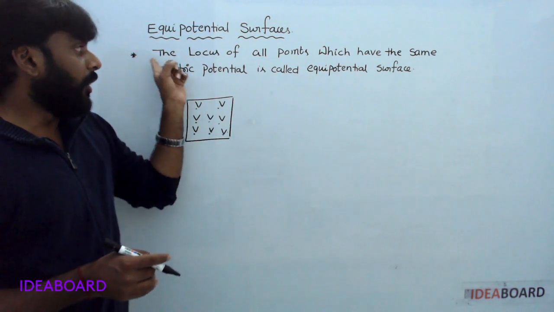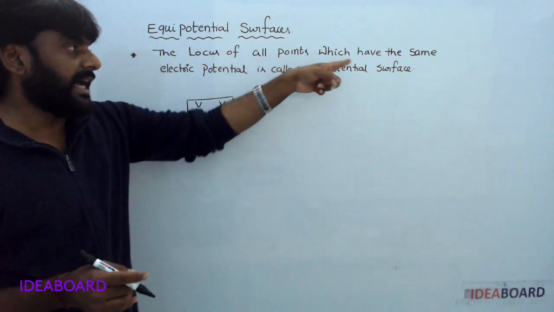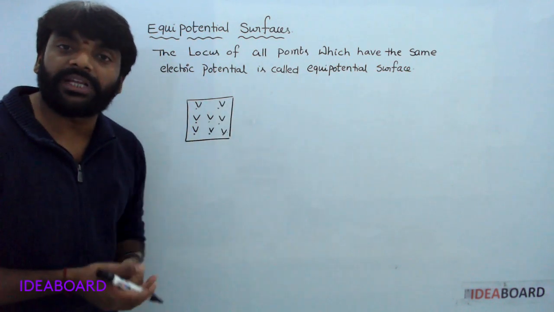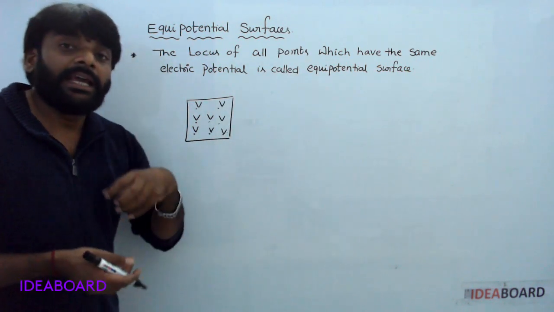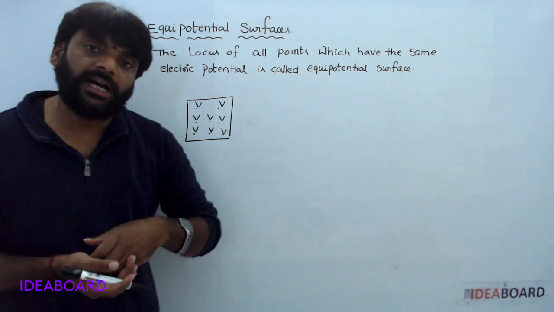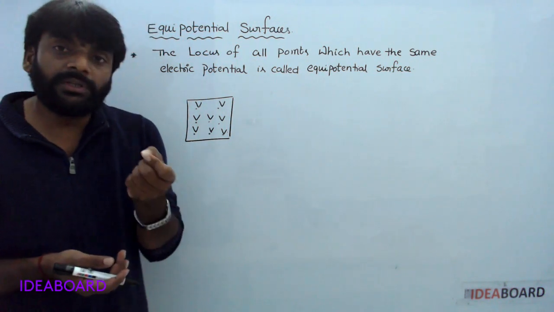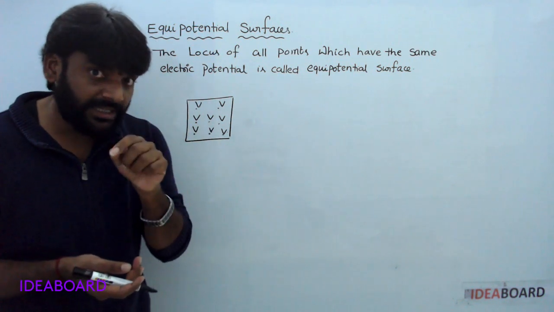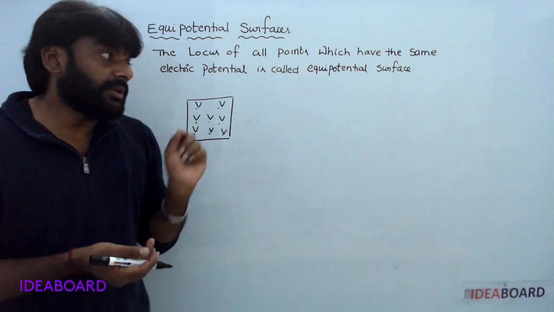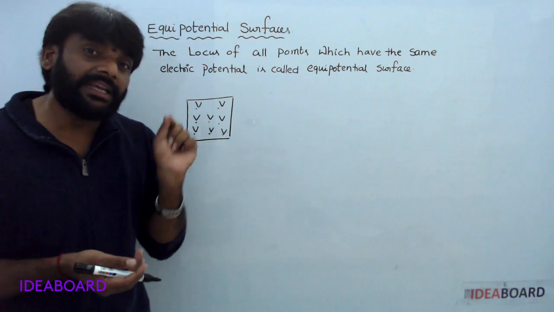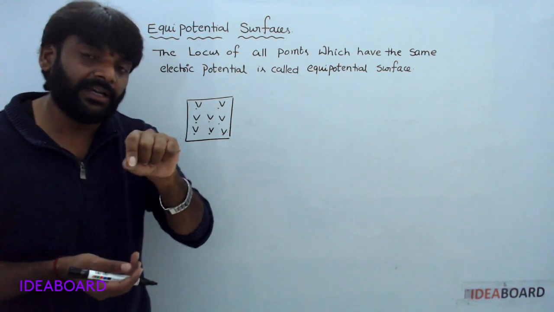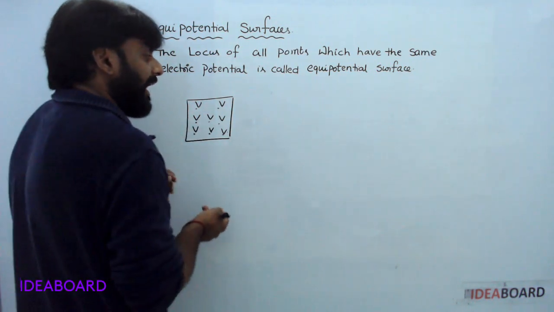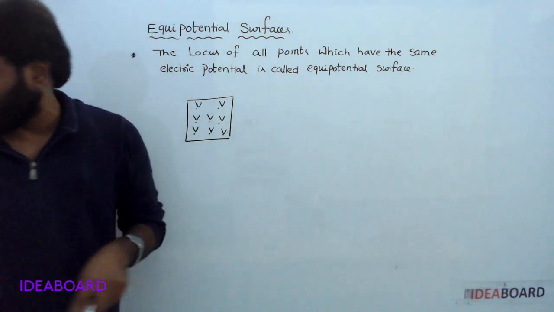The locus of all points which have the same electric potential is called an equipotential surface. Equipotential surfaces are drawn in the electric field. Understood?